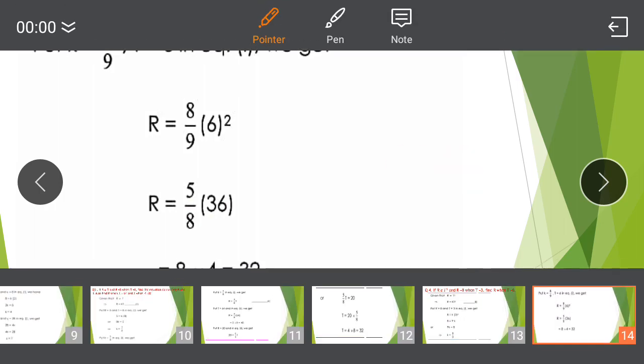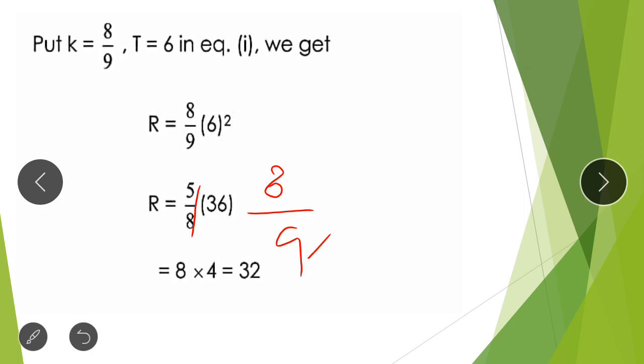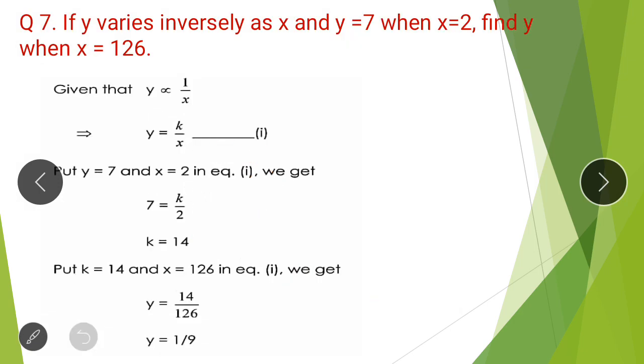Let me rectify it. Here it must be written 8 upon 9. So 9 1s are 9, 9 4s are 36. So 8 into 4 will be 32. This is the value of r.